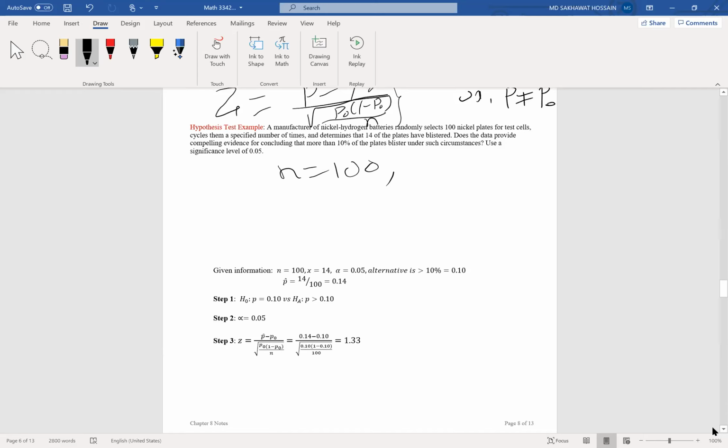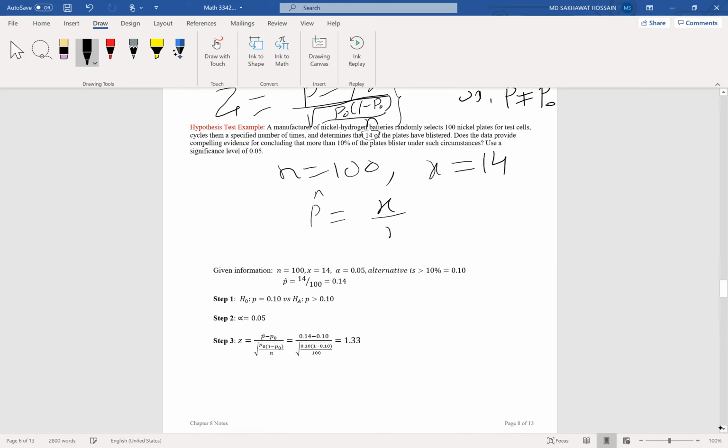So we are interested in what proportion of the plates have blistered. That means here a success is a plate that has blistered. So 14 plates have blistered, meaning the number of successes is 14. So X is 14.